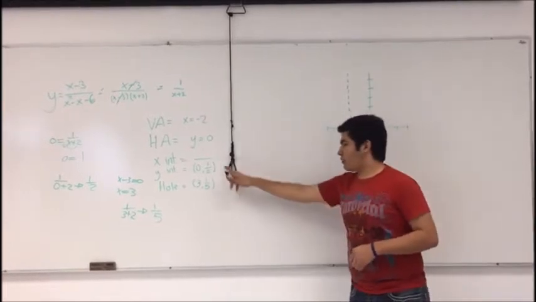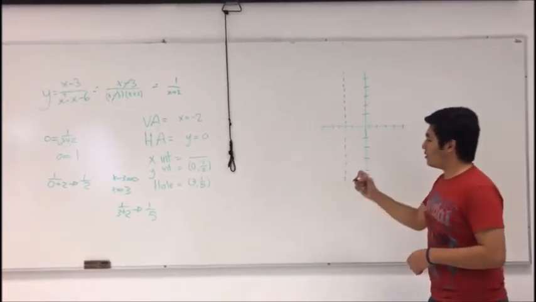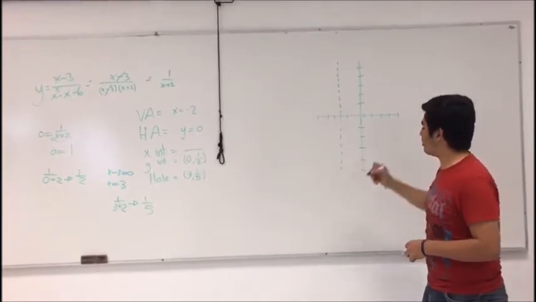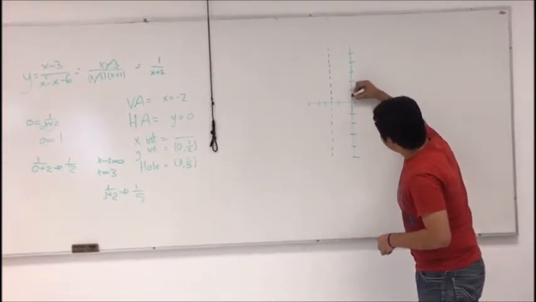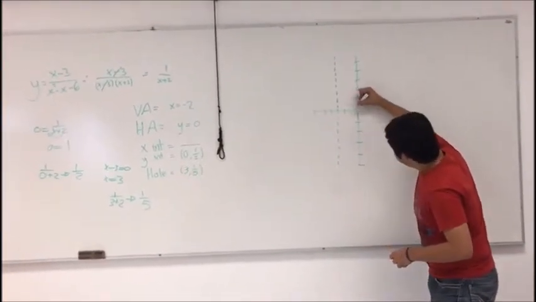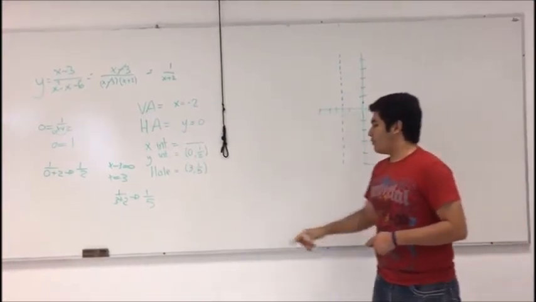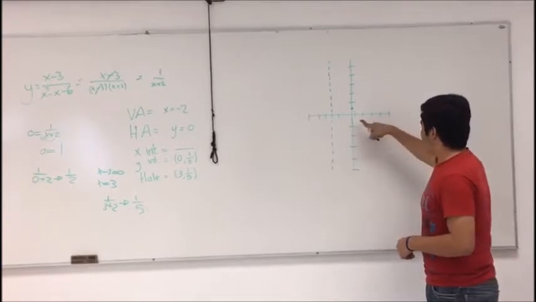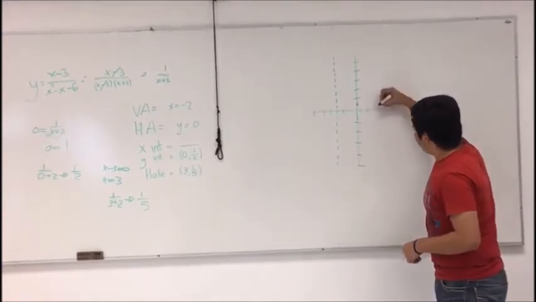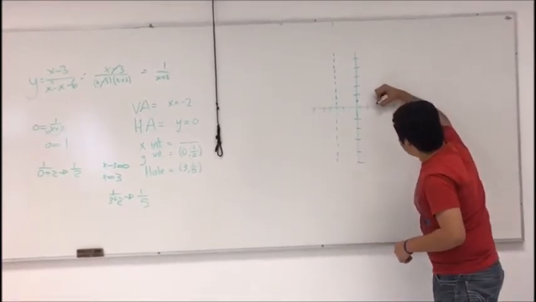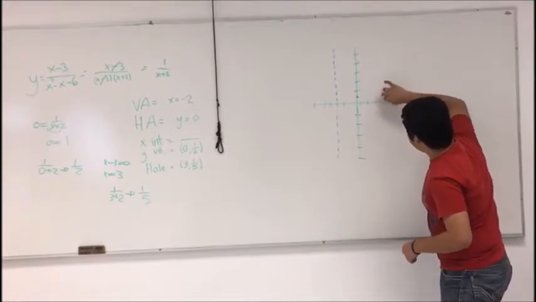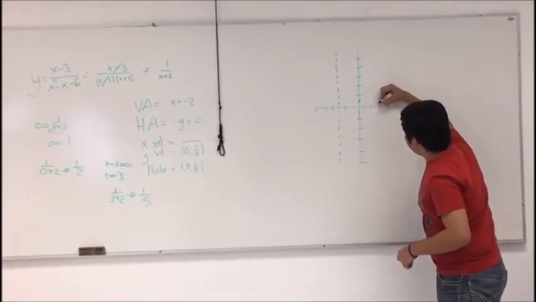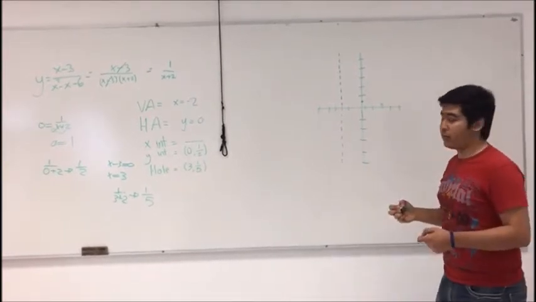Now we have to look for the x and y intercepts. There's no x-intercept, so that's okay, and the y-intercept is at (0, 1/2), so it's over here. And now we're looking for the hole. The hole is at 3, 1, 2, 3, and 1/5 is somewhere over here. But we have to draw it as an unfilled circle because that's a hole.